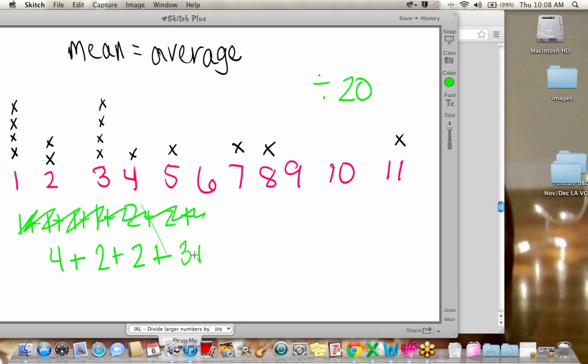And then just add your 1 kiddo who went 4 times. Go ahead and add up this whole long string of numbers. And when you get your total, type it into the chat.